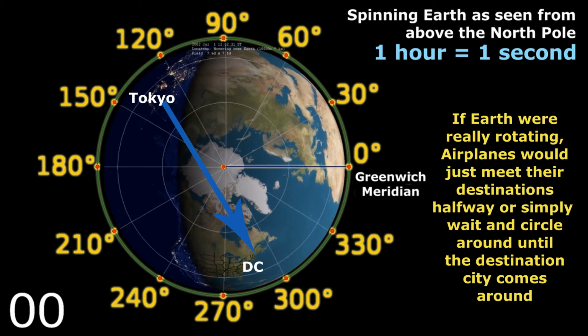If it takes 12 hours, and if the airplane could meet the city coming towards it in 6 hours of flight, or just wait until the city comes around instead of flying the opposite direction for 12 hours. So it only means that Earth does not rotate, and the airplane really has to go from point A to point B, and not wait for the city to come because the Earth is not rotating.